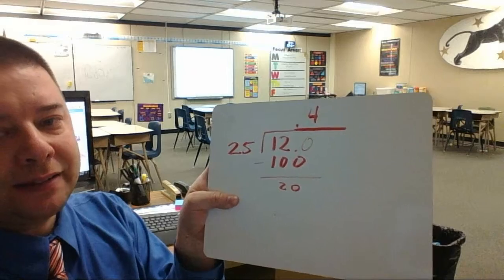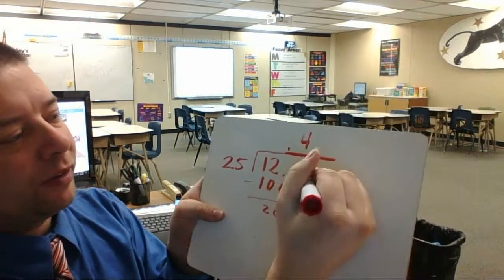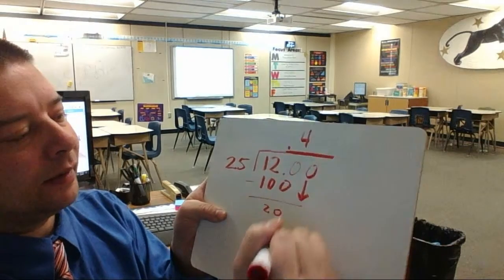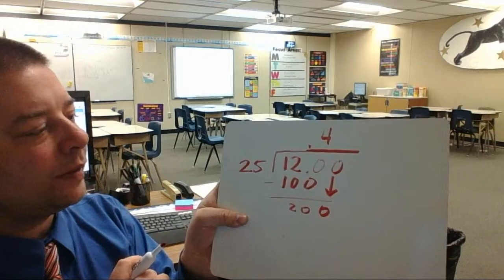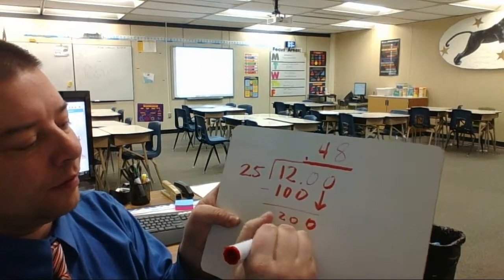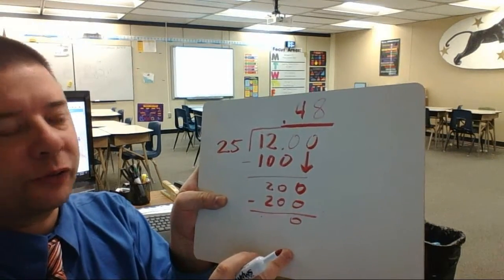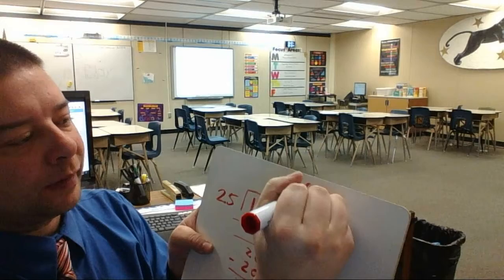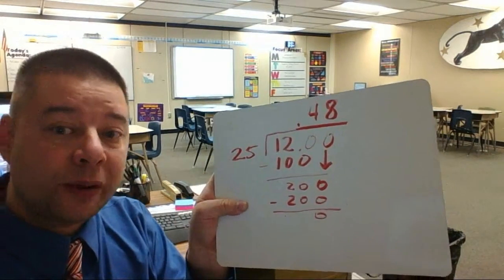I'm not done yet because I've got a remainder and I can't have a remainder with decimals. So I add another 0 and bring it down. That now is 200. 25 goes into 200 8 times. And then 8 times 25 is 200. So I have a remainder now of 0, so I know I'm done. My decimal point didn't really show up here, but I know that's going to be 48 hundredths, or 0.48.